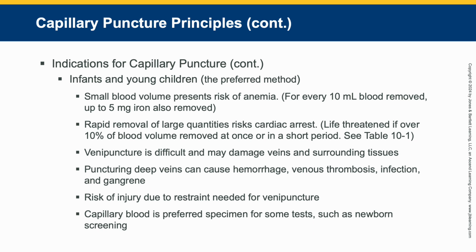Venipuncture is difficult and may damage the veins and the surrounding tissues. Puncturing deep veins can cause hemorrhages, venous thrombosis, infection, and even gangrene if that infection were to take hold deeper in there.